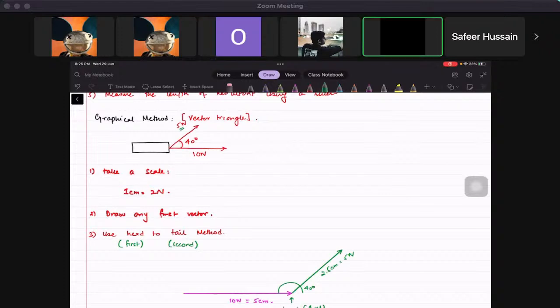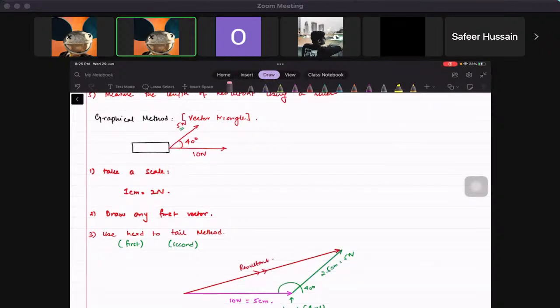Now once you have done it, because I like this so much, because you don't have to waste so much time, you just need to draw a vector from start to the end, and that's going to be your resultant, right? So the fourth part is that you draw a line from start to end.